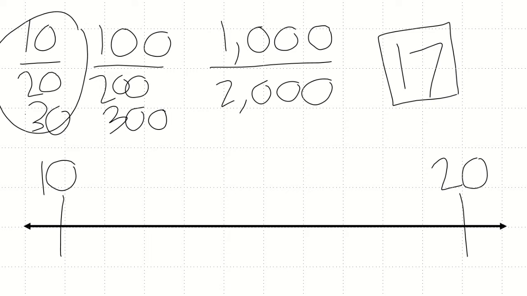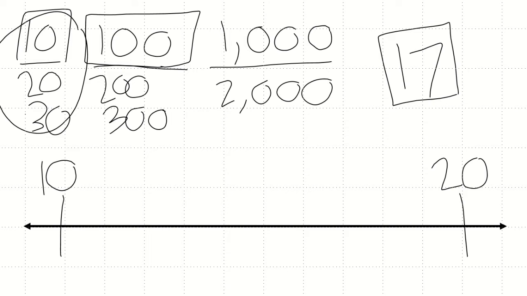So for this, we always want to think about a halfway point. And when we are talking about decades and tens, we know that half of 10 is 5. So half of 100 would be 50, half of 1,000 is 500. And that pattern again keeps coming back.